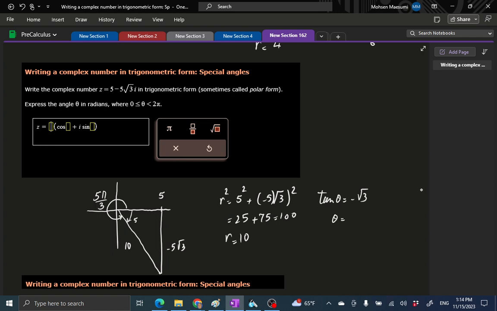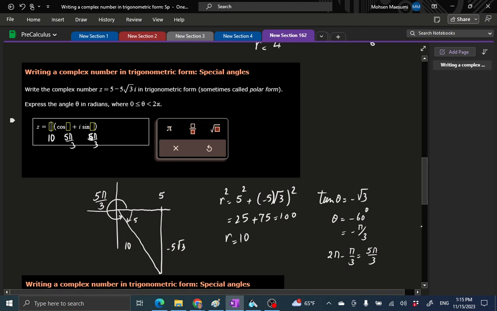You would say theta is minus 60 degrees, or minus pi over 3, but we want it between 0 and 2 pi. So 2 pi minus pi over 3 becomes 5 pi over 3. So here our answer is 10 cosine of 5 pi over 3 plus i sine of 5 pi over 3.